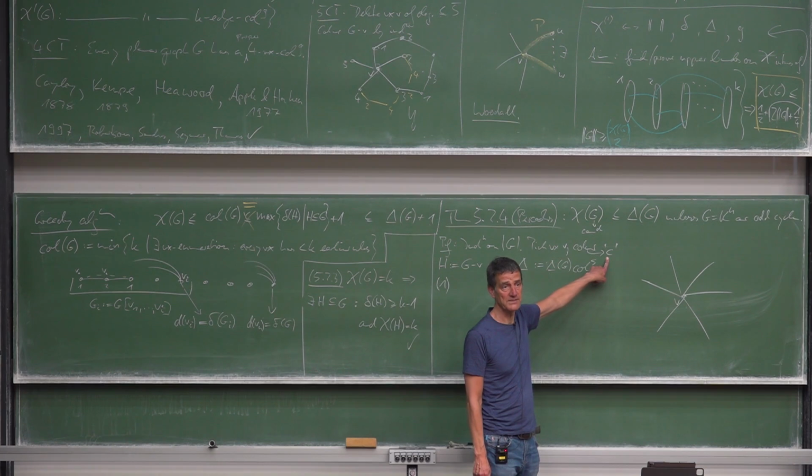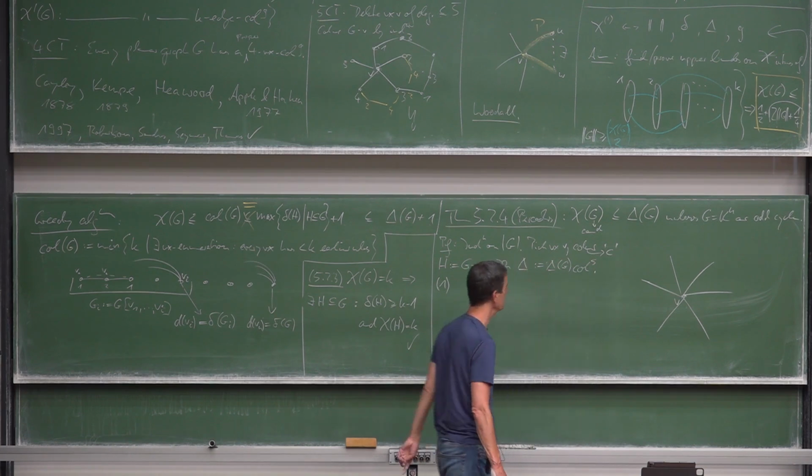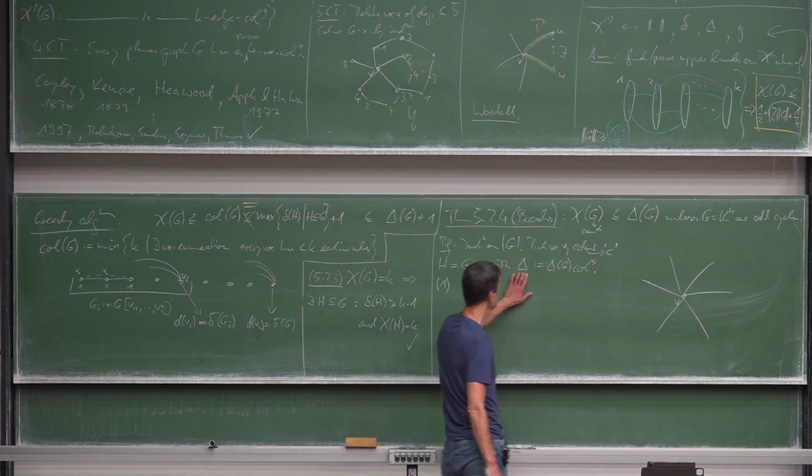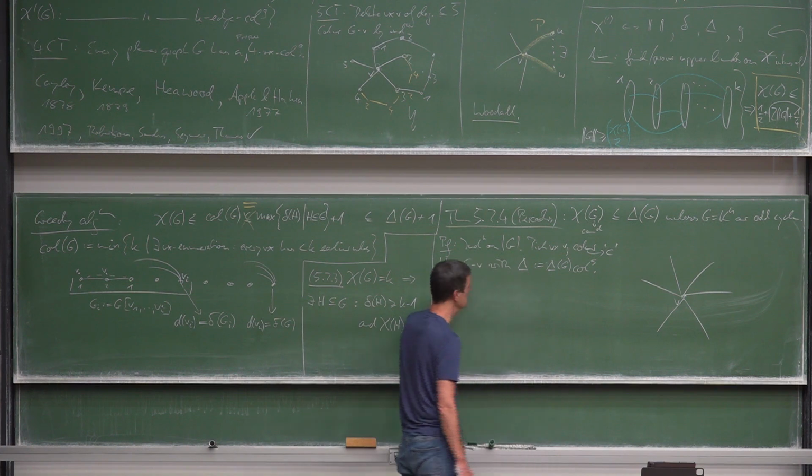We're not picking a particular one and then using its properties at some stage, but we're doing everything from now on for any coloring C using at most delta colors of H.